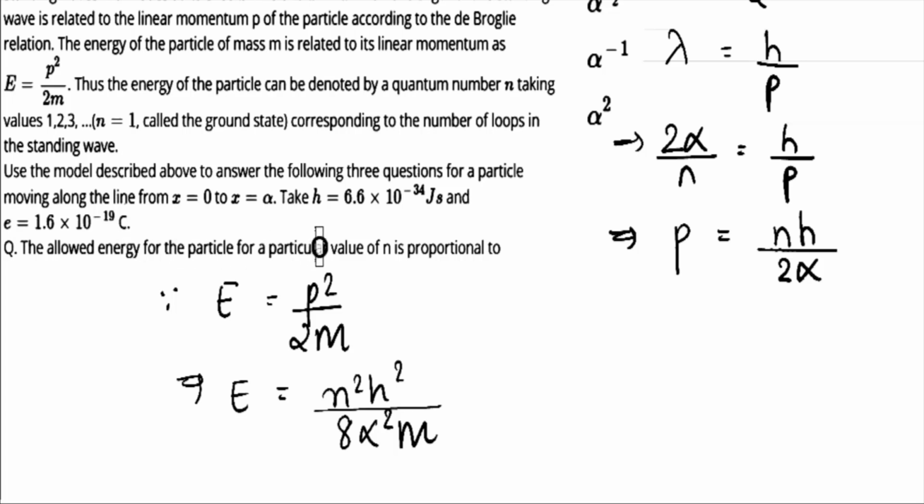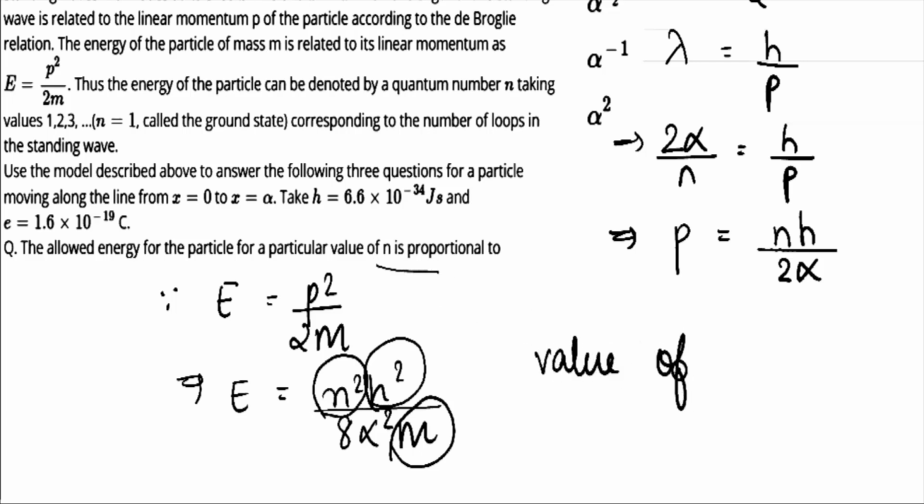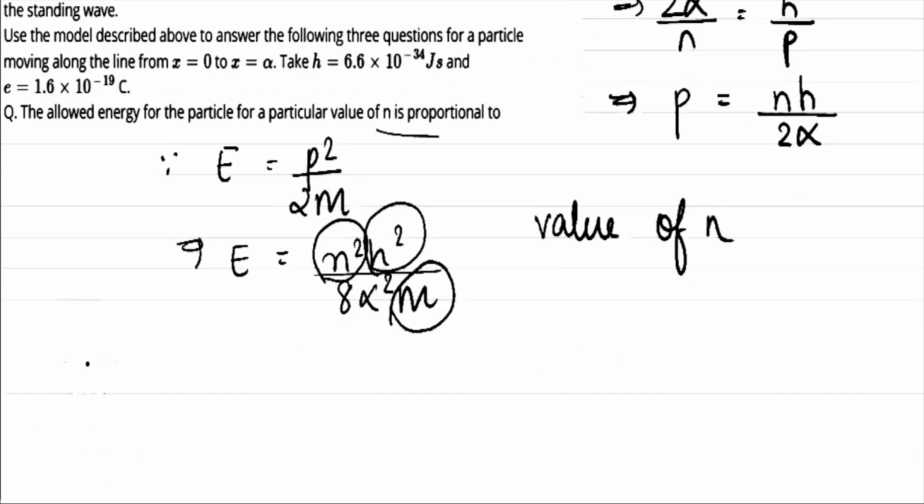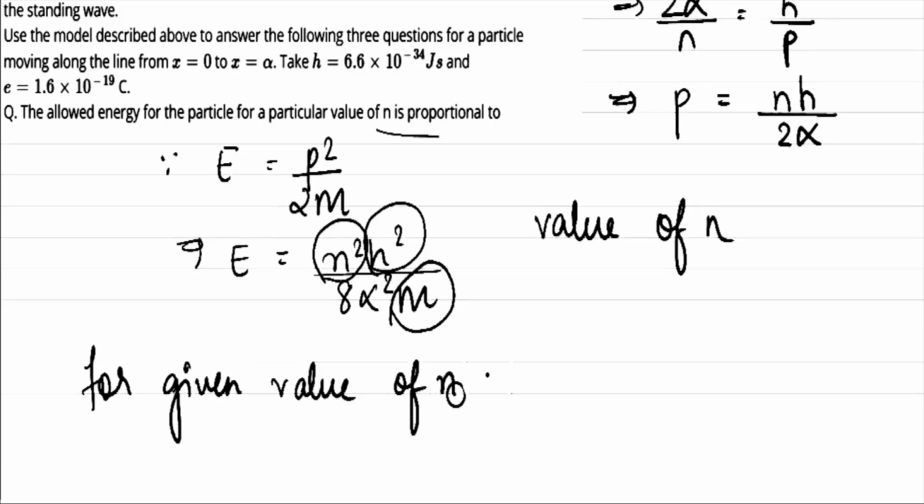So the allowed energy for the particle for a particular value of n is proportional to, since we have h to be a constant, m is constant for a given particle, and n is fixed, as we are given that value of n. So we can write, for a given value of n, energy is proportional to 1 by alpha square, as 8 is also a constant.